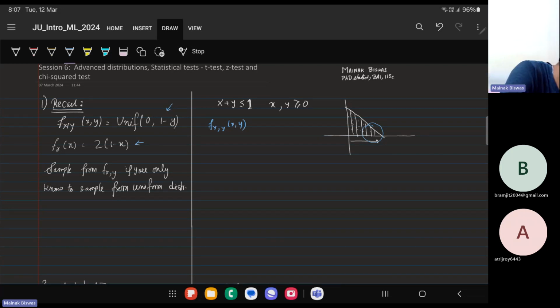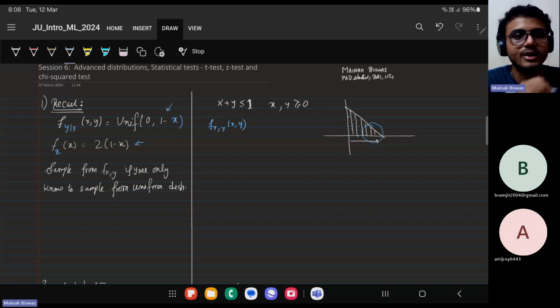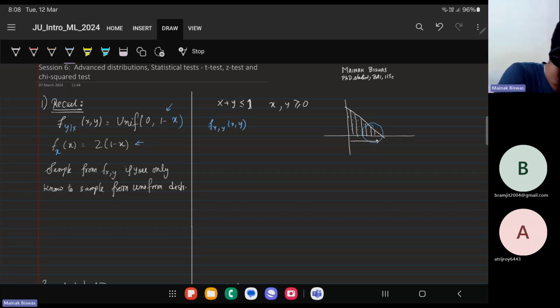So here y is given, so let us make this y given x. What will I do? First step, I will have to sample from x, right? Step one has to be, as Brahmojit also has done in one of the examples, sample from x.